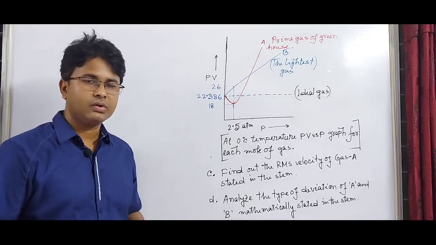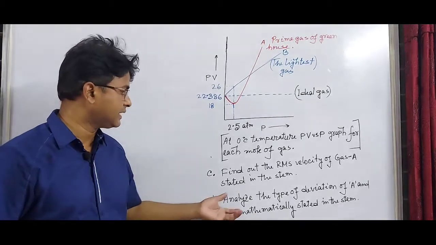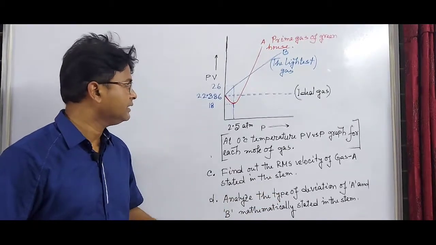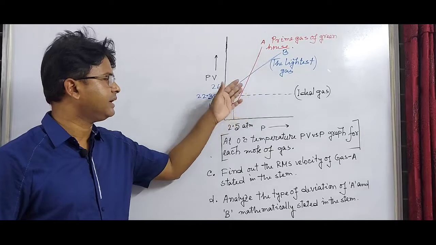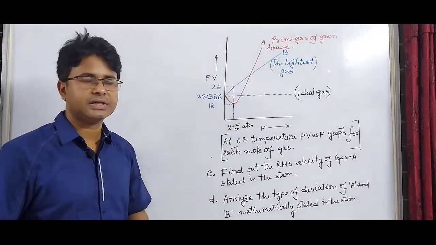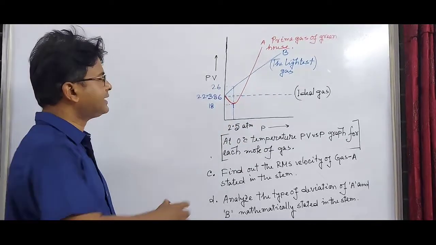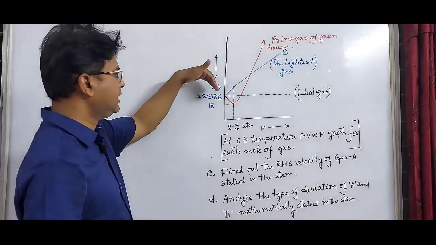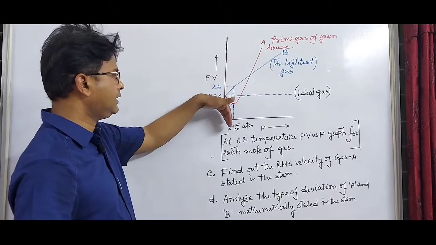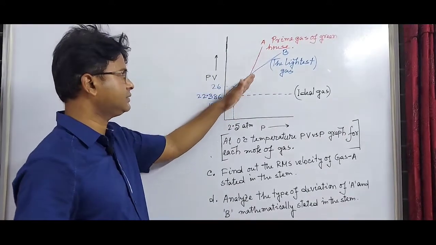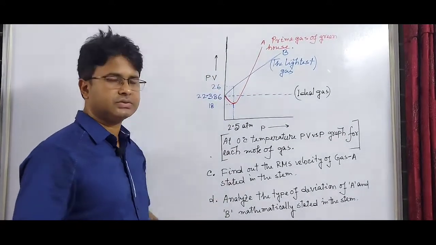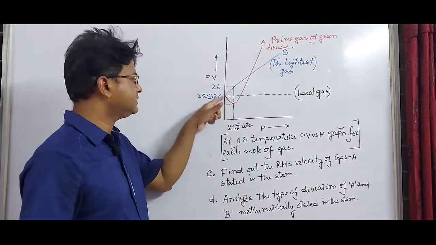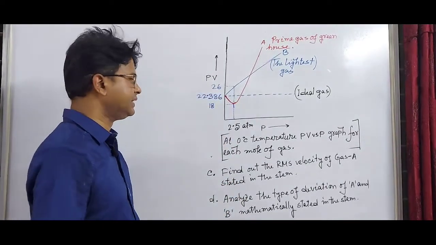Dear students, now look at the question on D. Analyze the type of deviation. If you observe the deviation graph, you will see that the red color graph, I mean the deviation of gas A, initially goes downward, then suddenly it goes upward. So I can say this is actually negative deviation.